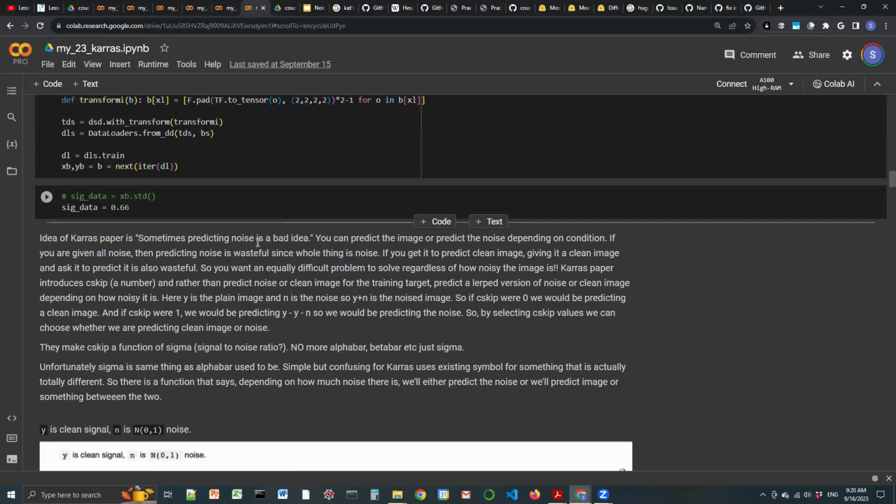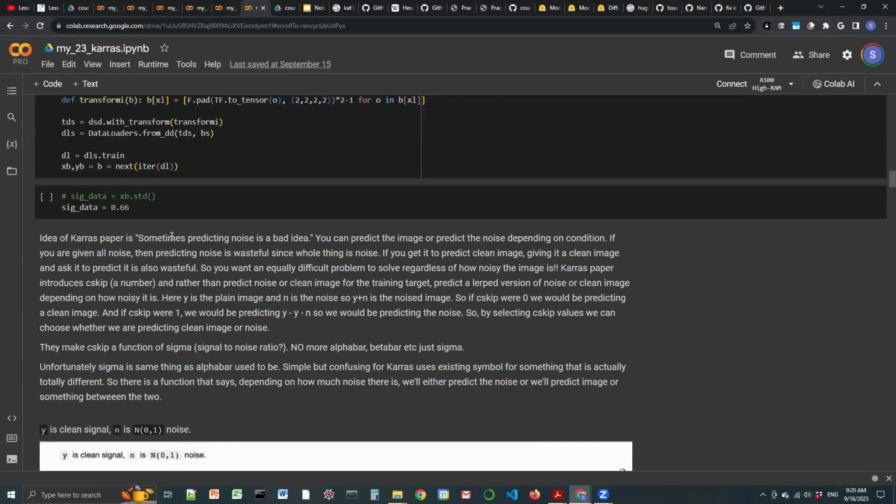Remember, so far all we did in the network, or the networks we trained, always predicted the noise. They are noise prediction networks. That's the foundational theory on which the entire diffusion models for images is built.